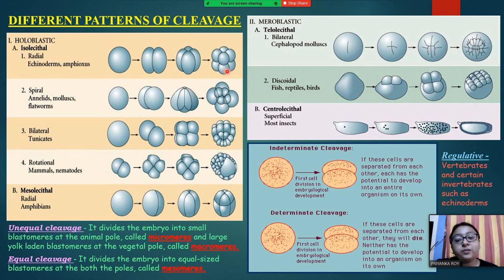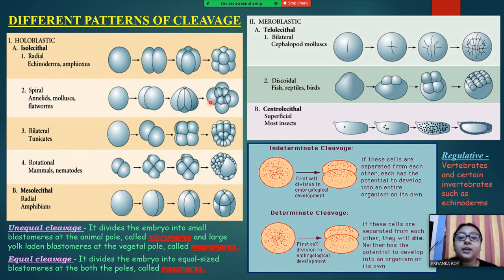Then these blastomeres are known as mesomeres. Okay, so one plane will be perpendicular to the other plane. This kind of cleavage is known as radial cleavage. And next is the spiral cleavage.